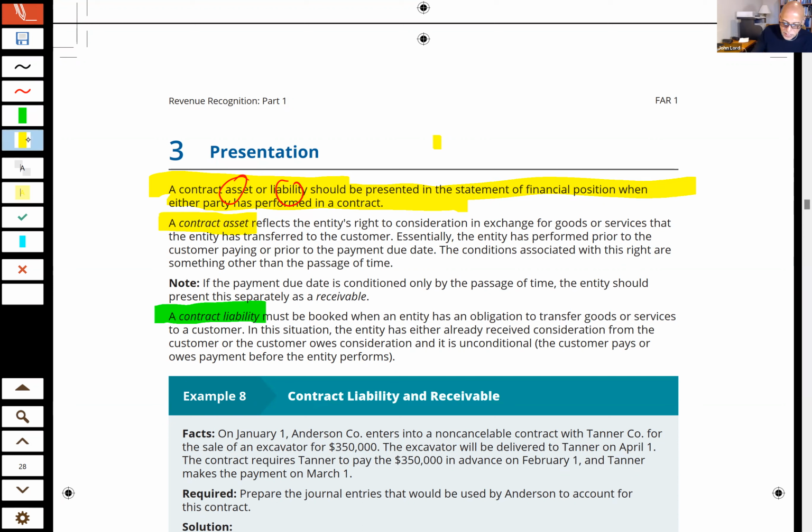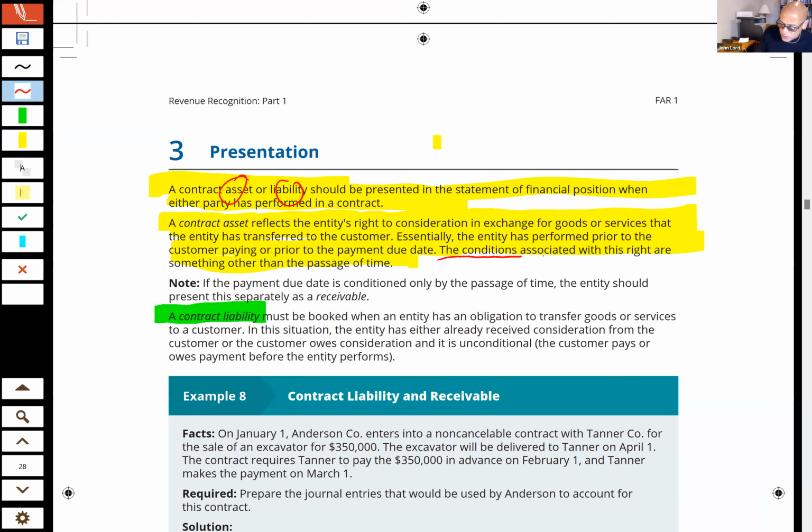Let's understand what happens when it's an asset. The asset reflects the entity's right to consideration in exchange for goods or services that the entity has transferred to the customer. Essentially, the entity has performed prior to the payment due date, and the condition associated with these rights is something other than the passage of time.